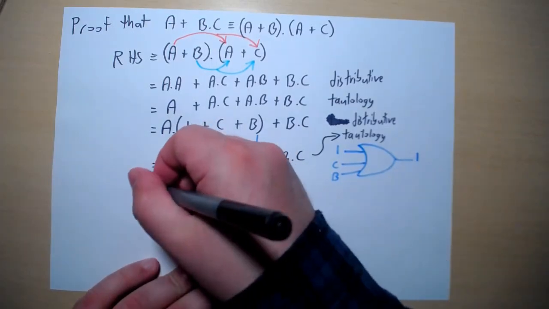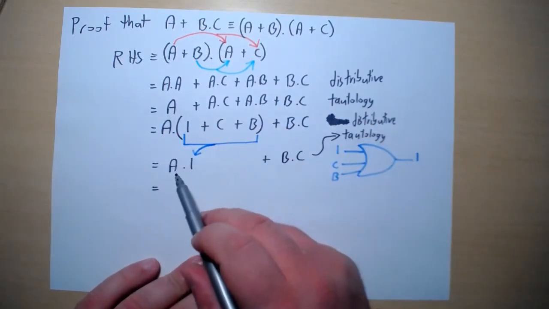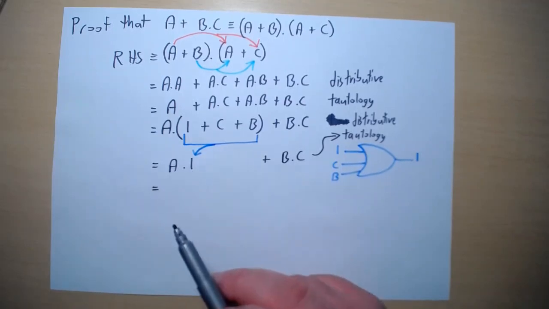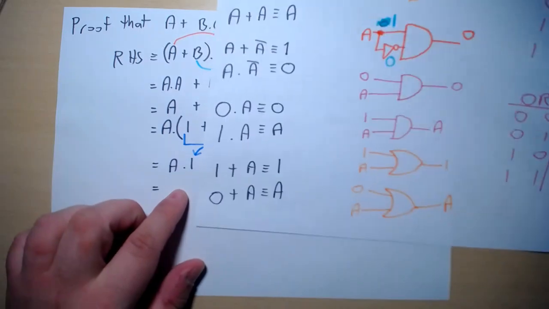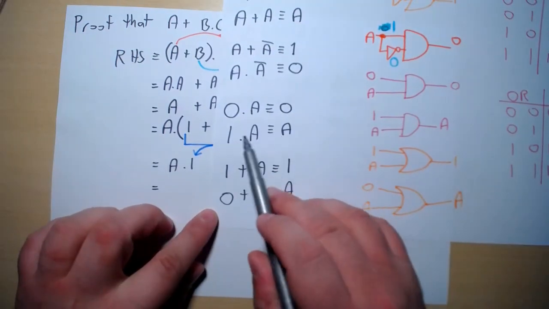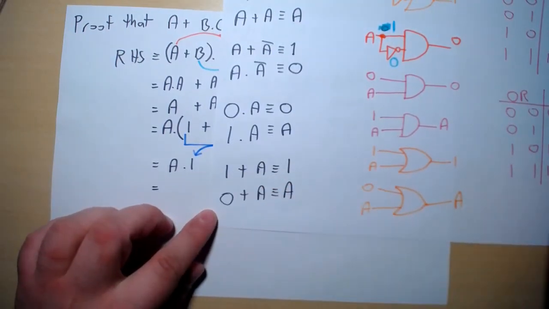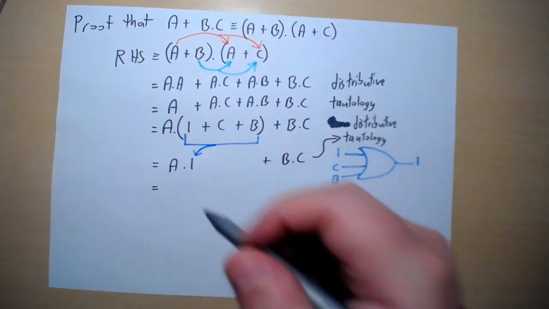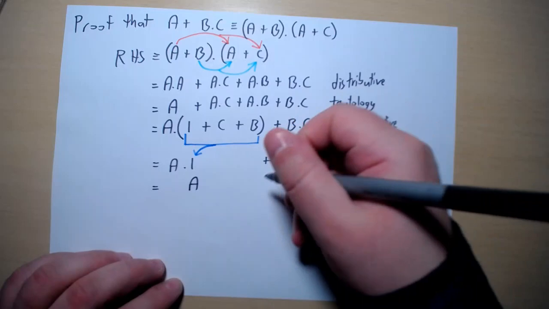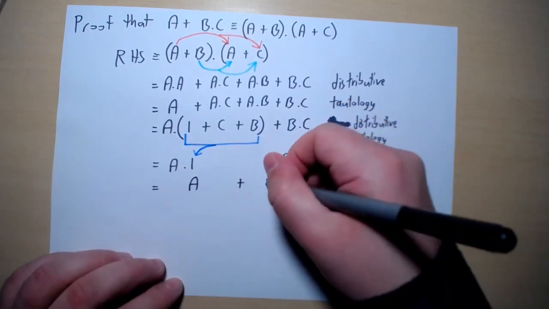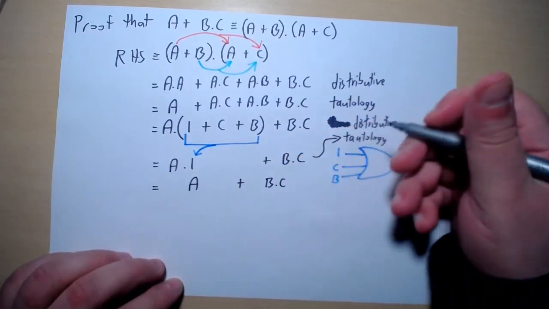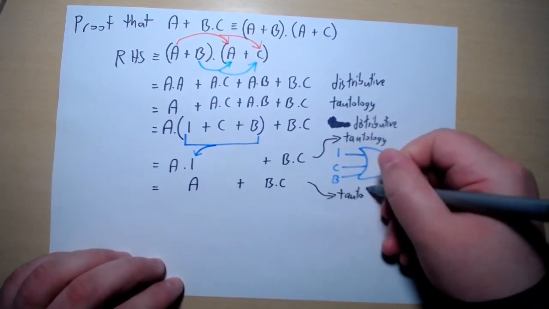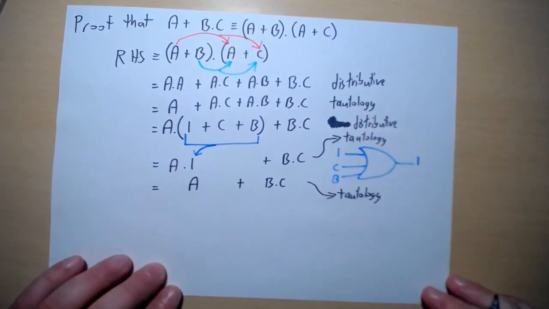So now we can get rid of this 1, because with tautology we know that A and 1 is equivalent to A, as you can see here. Therefore, we can write this as A or B and C using the tautology law.